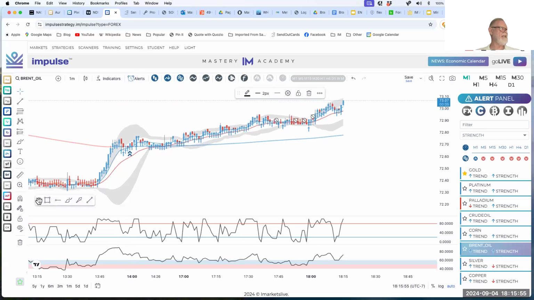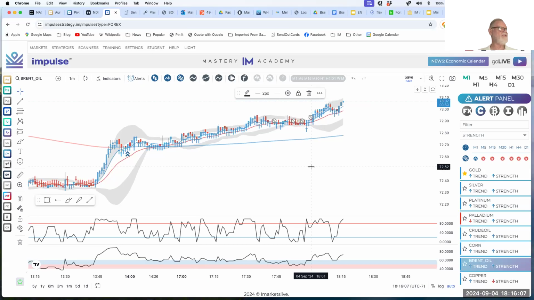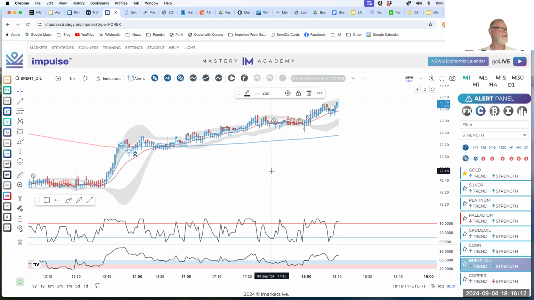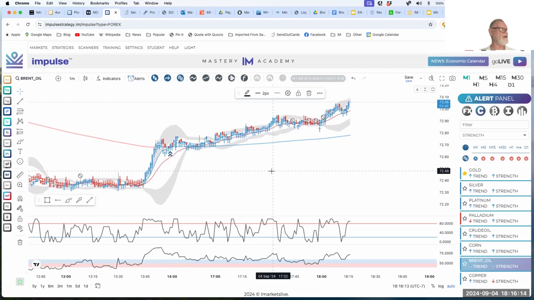We can clearly see that we've got some nice indicators setting up here to show you where you might be entering and where you might be exiting. So on this, which is oil, I don't know whether anyone trades oil, but what we're looking for on Impulse, whether you're trading oil, gold, indices, Forex, doesn't matter.